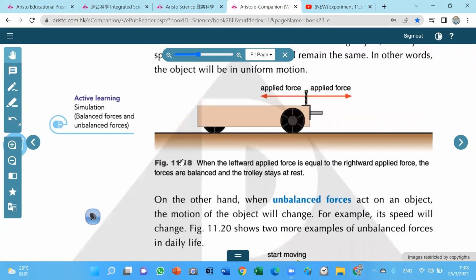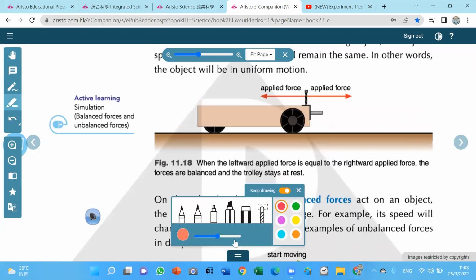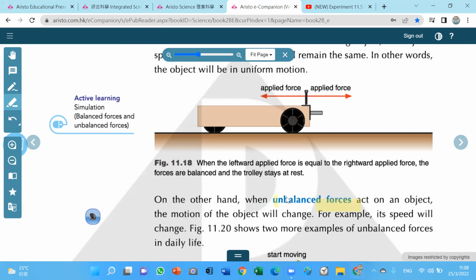So on the other hand, when unbalanced force acts on an object, the motion of the object will change.